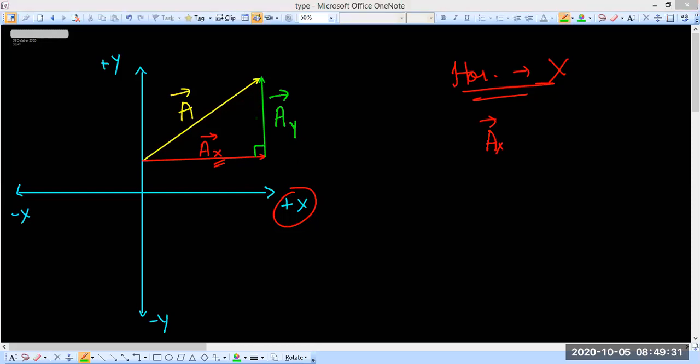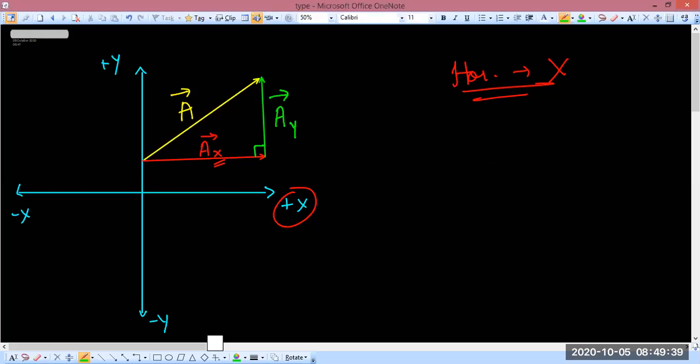Okay. So then do you understand this equation that I'm going to write here? Say yes or no when I'm done. Say yes or no.